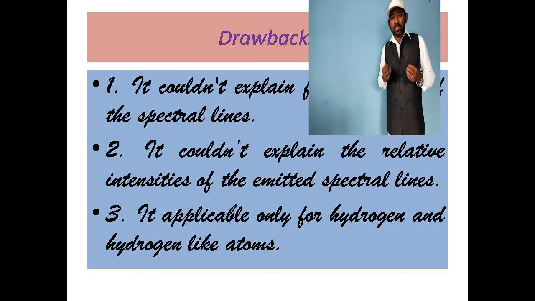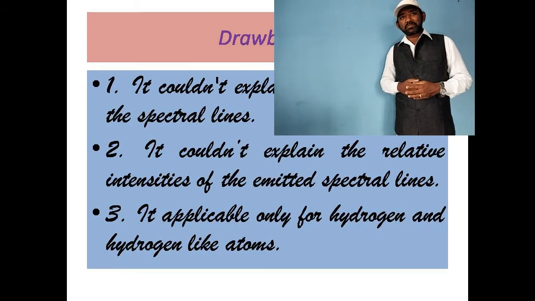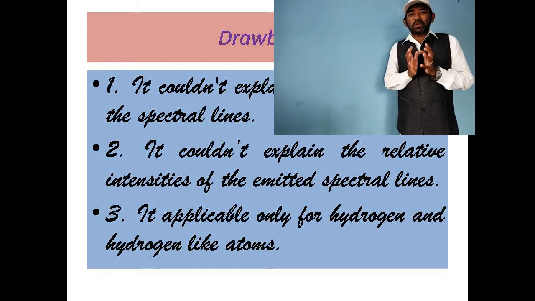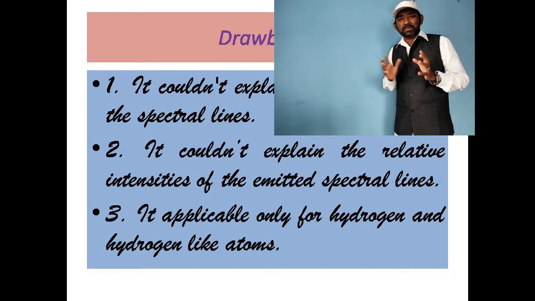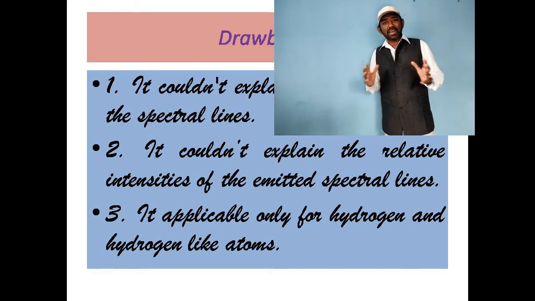What are the drawbacks of Bohr's atomic model? Bohr's theory could not explain the fine structure of the spectral lines. What does fine structure mean? In any series like Lyman, Balmer or Paschen, for example the Balmer series, it consists of H alpha, H beta and H gamma lines. Each line consists of a number of components.